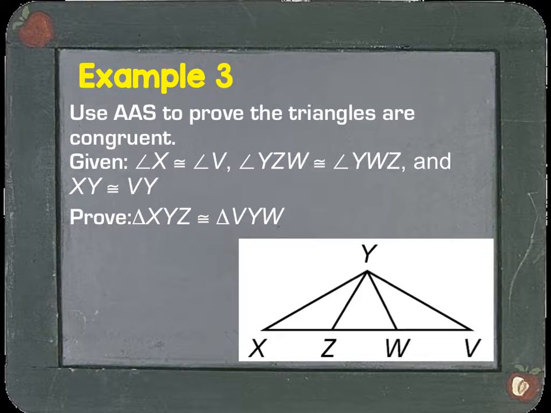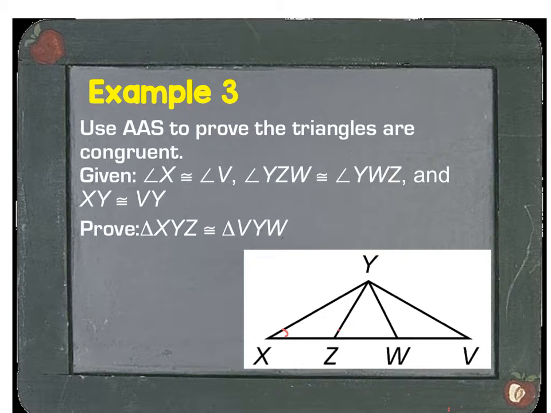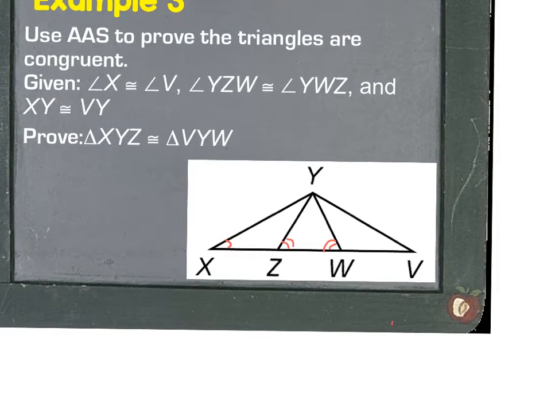All right, so we'll do it together. It's a proof, yes, but we'll do it together, okay? It says use angle-angle-side to prove the triangles are congruent. So you know what you want your last statement to be. If I mark what's already given as congruent, I've got X is congruent to V, angle YZW is congruent to angle YWZ, and XY is congruent to VY.